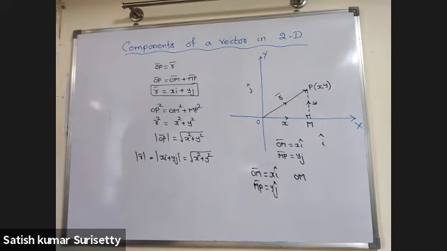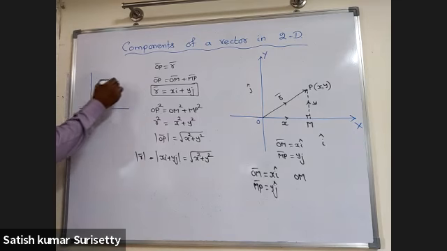OM is the projection of R bar along x-axis, and MP is the projection of R bar along y-axis.